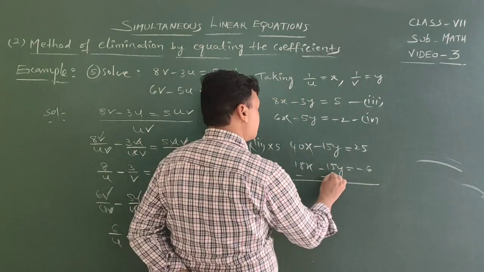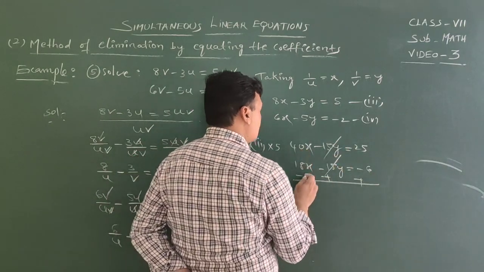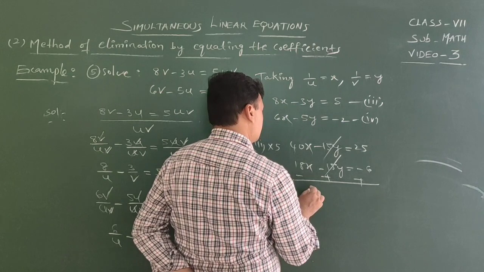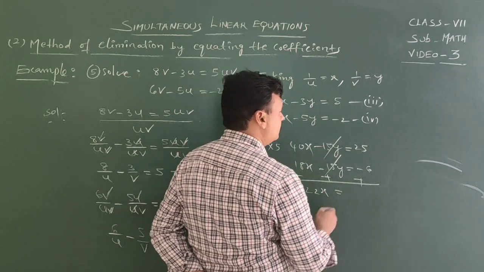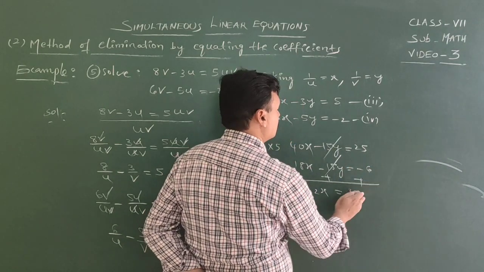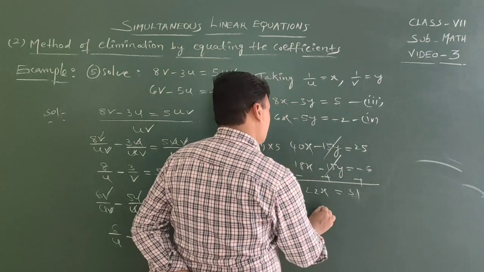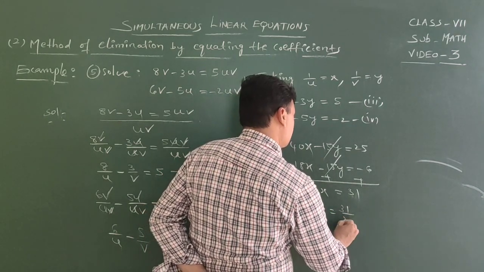Same sign, that's why subtract. 15y and 15y get cancelled. 40 minus 18, 22x equal to 31. Now x equal to 31 by 22.